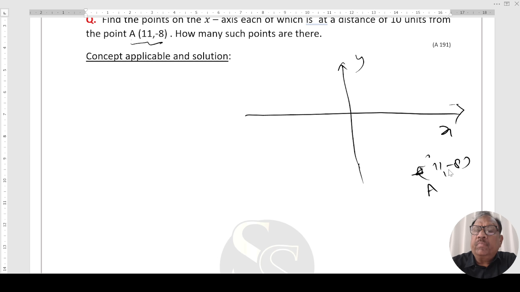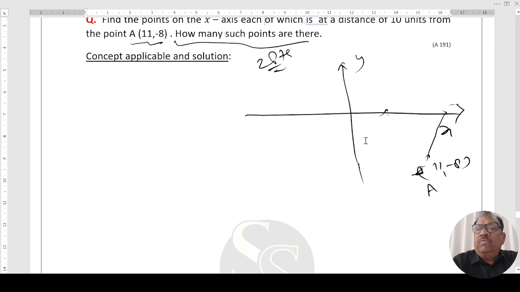This point is A. You have to find the point on x-axis. A point on the x-axis may be on this side, or a point may be on this side, depending on the calculation. There are 2 points, right?